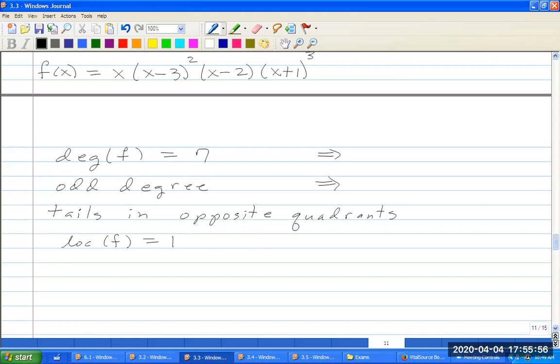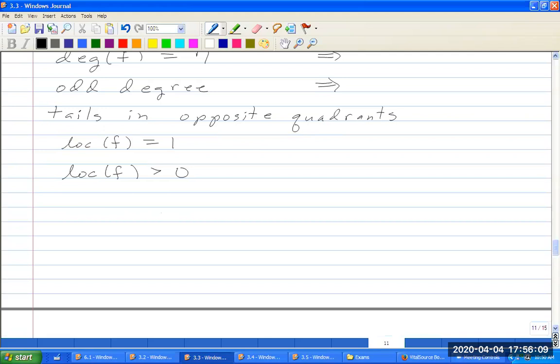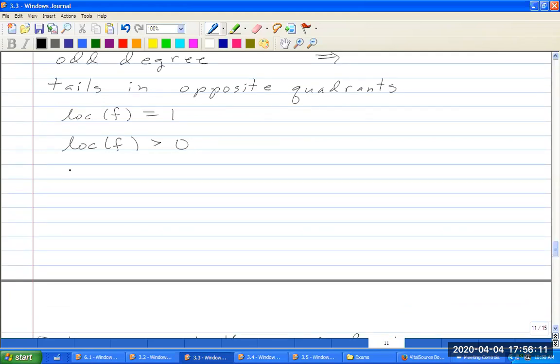So this leading order coefficient is positive, which means that we're going up into the first quadrant. So the tails will eventually be in the first quadrant and the third quadrant. Just like the previous example, actually.